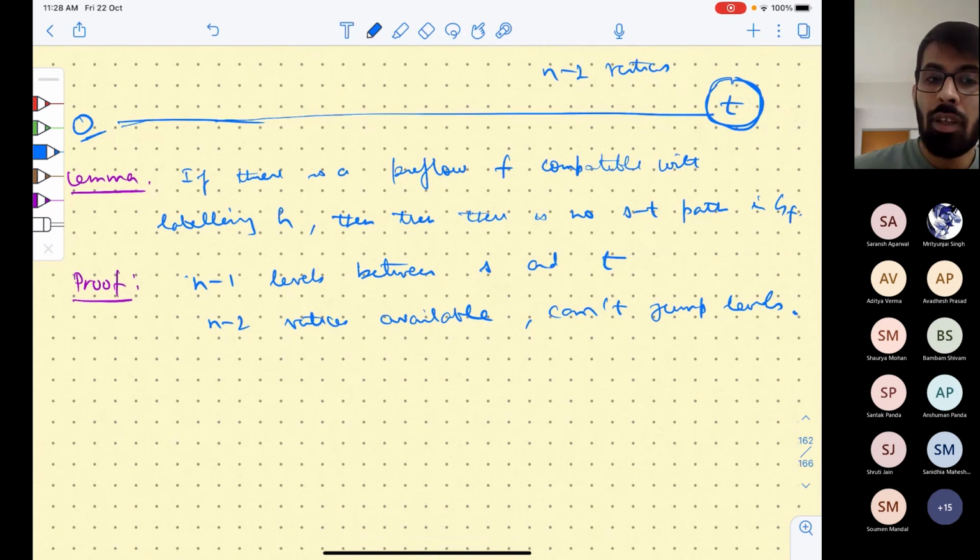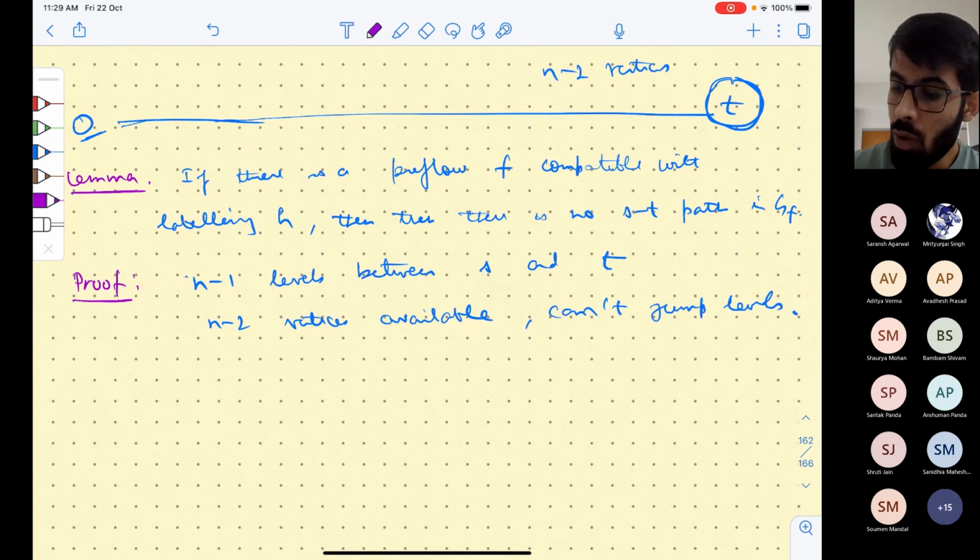But we also know from previously that if there is a flow such that there is no path in GF, then the flow is maximum. In the previous class, we had seen that this was the stopping condition of the Ford-Fulkerson algorithm.